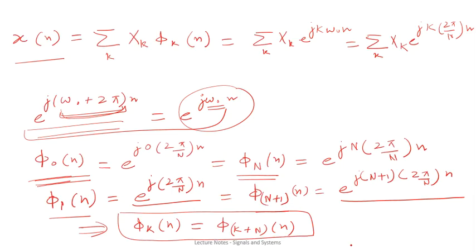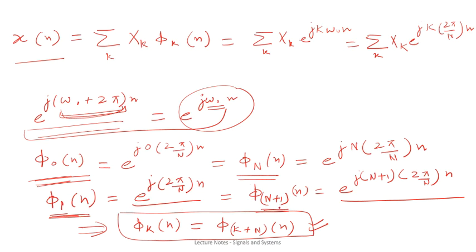Now what is the physical interpretation of this expression? It is that the first harmonic, which is represented by phi 1, is identical to the n plus first harmonic, isn't it? Similarly, the second harmonic will be identical to the n plus second harmonic, and so on.